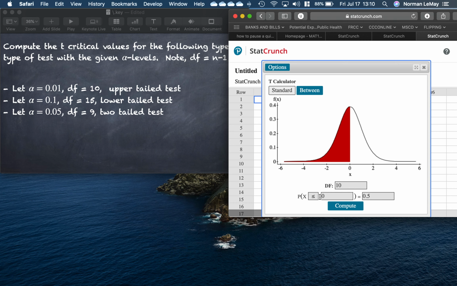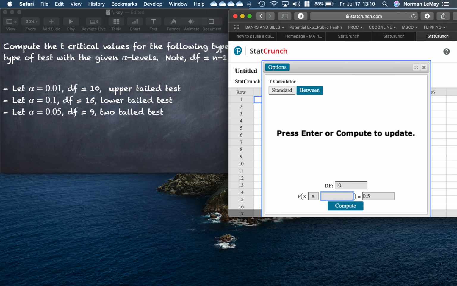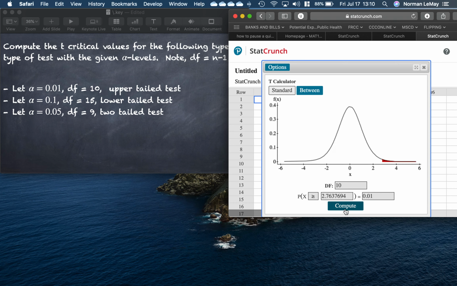We have an upper tailed test, so I'm going to go ahead and change that. I'm going to clear this out because that's what we want, and here I'm going to put 0.01. Okay, so now we want the fence line for the upper tailed test. I click compute, and notice on 10 degrees of freedom, right here is my critical value, which is 2.764.